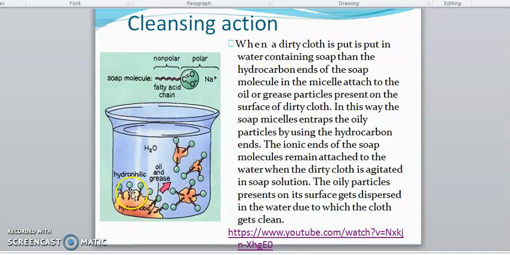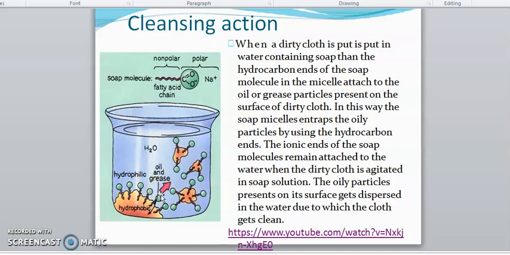The hydrophobic parts, which are fat soluble or oil soluble, stick onto the oil or the dirt, not the cloth, while the hydrophilic part will point towards the water, and thereby a micelle forms, as we discussed earlier.